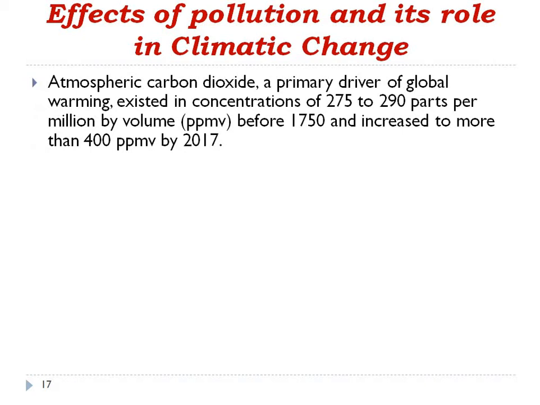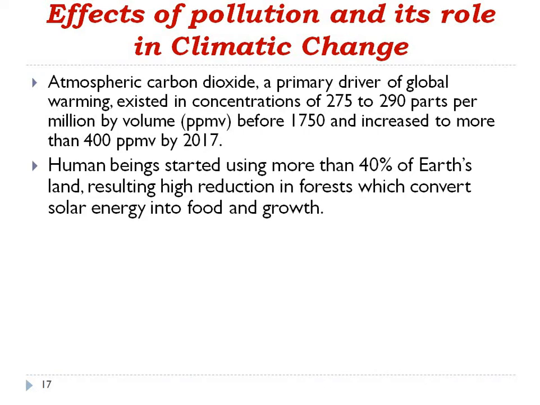So I already told you that the amount of carbon dioxide started increasing, which gave rise to increase in temperatures. Another problem is human beings started using more than 40% of Earth's land, and this resulted in reduction in forests, which convert solar energy into food and growth.